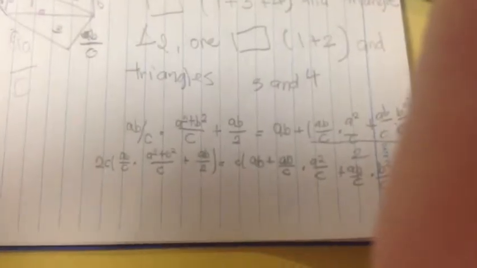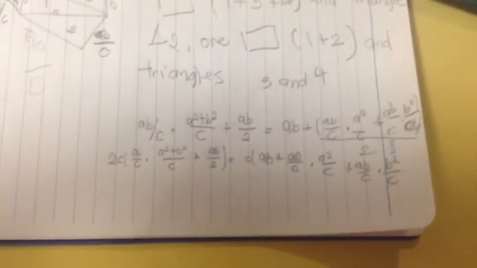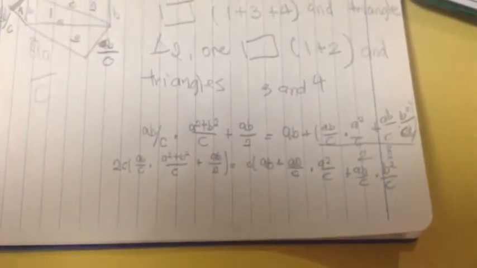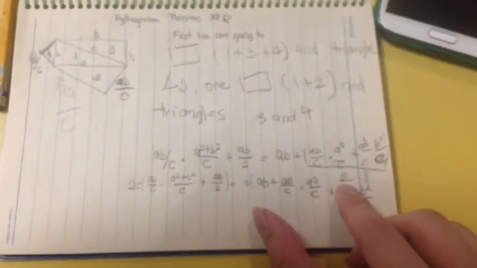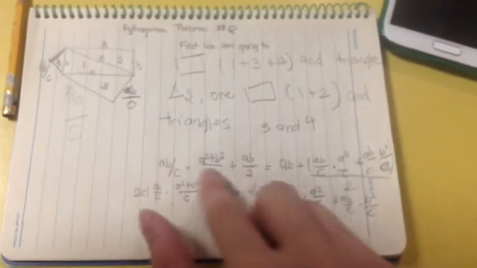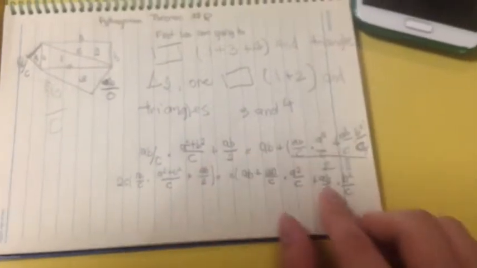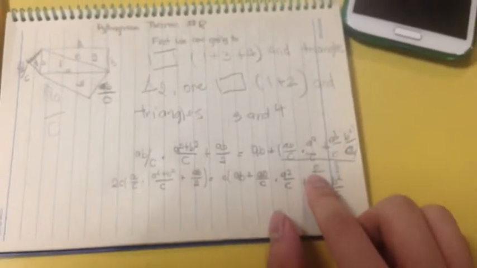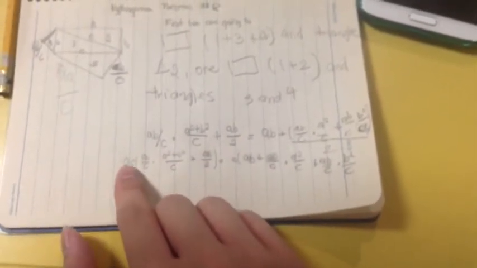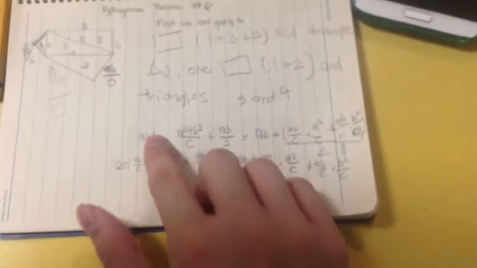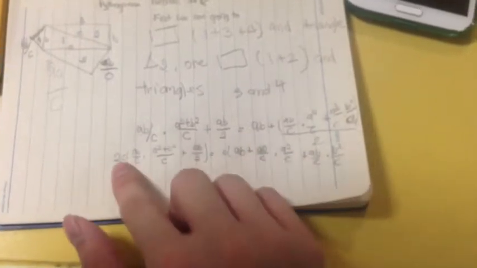First, we need to remove all the C's, but we can't remove them right away because we have an over 2 here. So the first thing we need to do is multiply each side by 2, so we can divide it to these three numbers.